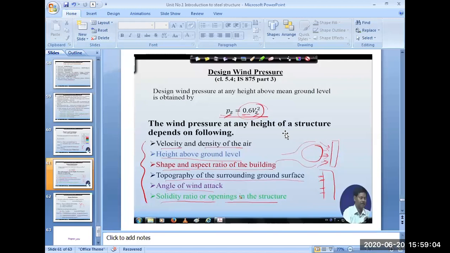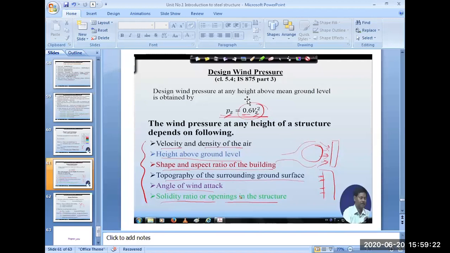For RC structure one of the IS codes is IS 456:2000, that you will learn in final year. Here we are designing the steel structure, so IS 800:2007 for the limit state method is what we are using.